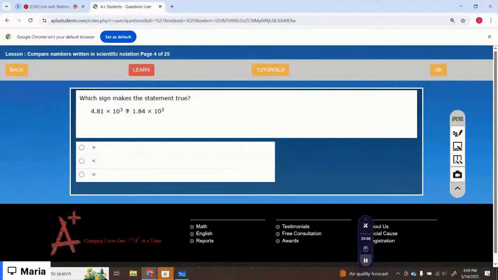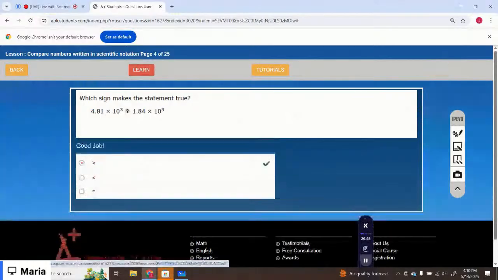So which is the correct option? 0.81 times 10 exponent 3 is less than 1.84 times 10 exponent 3.